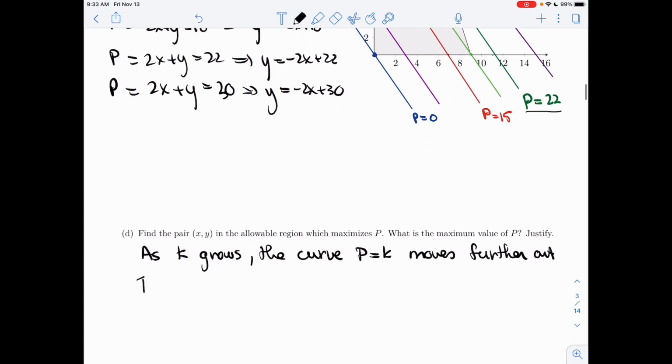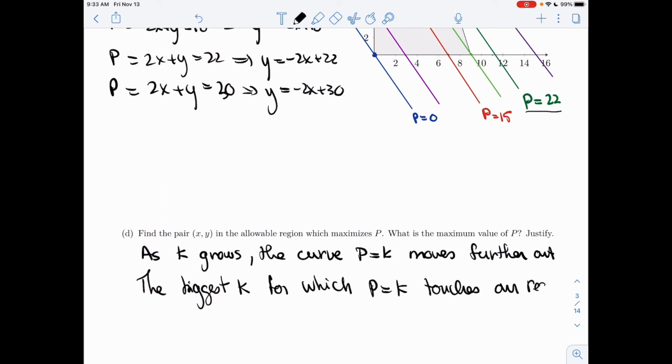So the biggest k for which p equals k touches our region is at that point.